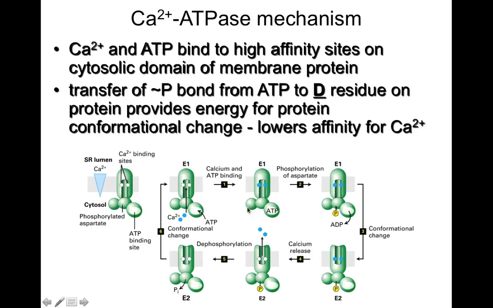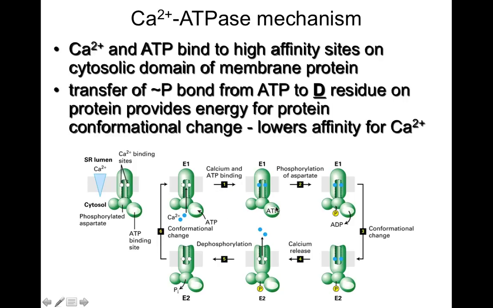When ATP, which is adenosine triphosphate, binds to this other part of the pump, one of those phosphates will move over and bind to a D residue. Remember, D is an amino acid, and it is the aspartate or aspartic acid residue. So again, two calcium ions bind first to high affinity sites for calcium.